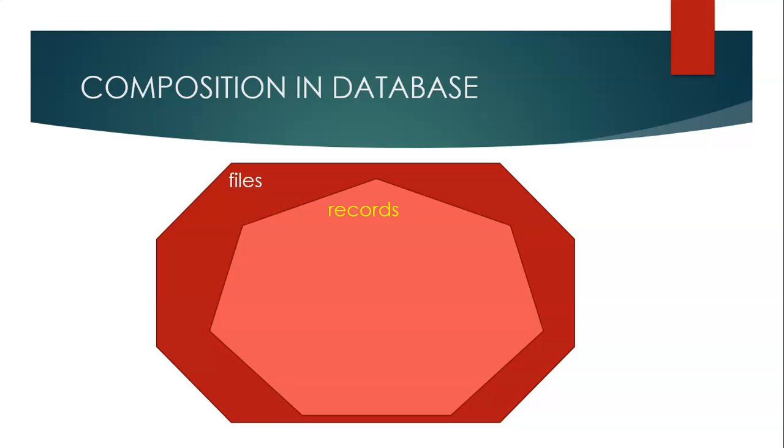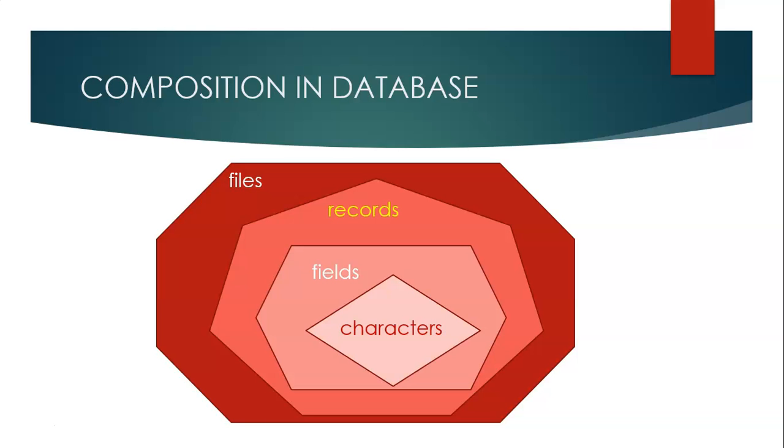So these records will have related fields. The columns we call the fields. Each column has a unique field name. And the size of the field is determined by how many characters can fit into that field.